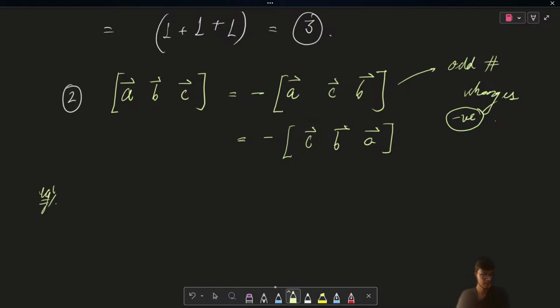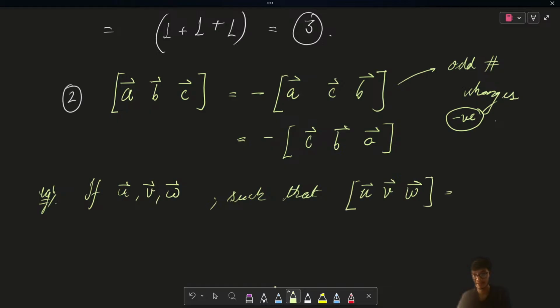So let's try to see an example. Let us say that u vector, v vector and w vector are three vectors such that the box product of u, v, w, that means the scalar product, equals 1.